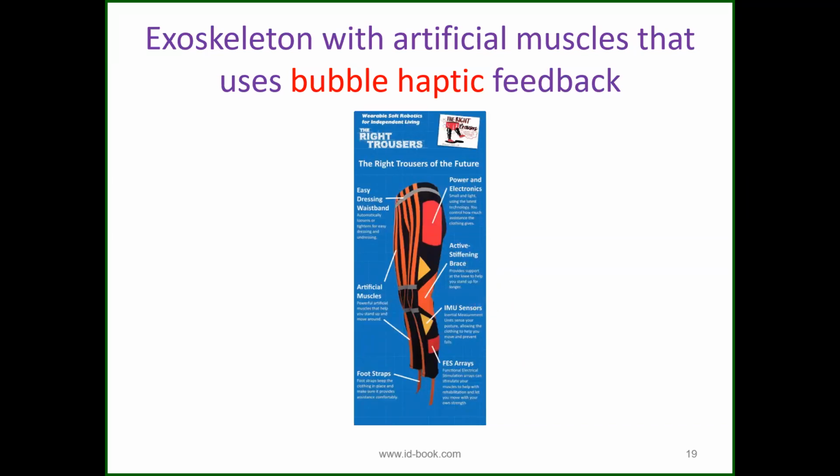Now, bubble haptic feedback involves creating tactile sensations like vibrations through the use of air and fluid filled bubbles. This technology can provide a more realistic experience by using various textures or forces against the user's skin.